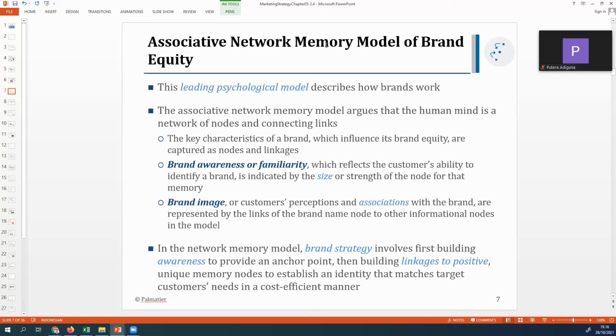This is explaining what I mentioned before about brand awareness. The associative network memory model is a leading psychological model that describes how brands work.